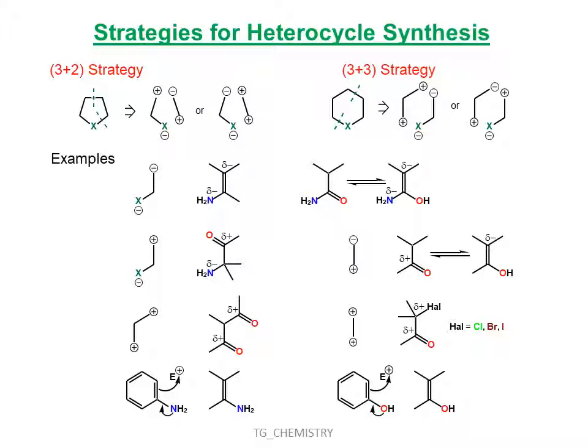And for the 3 plus 3 strategy, you can see the enols, the alpha-halo carbonyl compounds, and the enols as well. So these can be used as the synthetic equivalents or the starting substrates for synthesizing six-membered aromatic heterocycles.